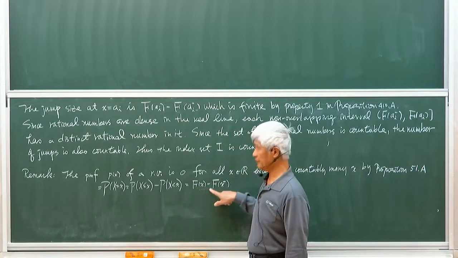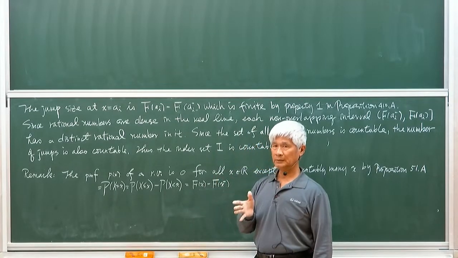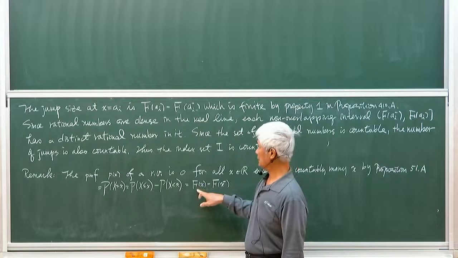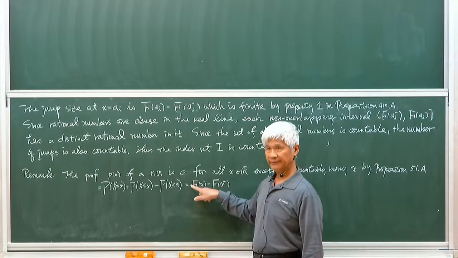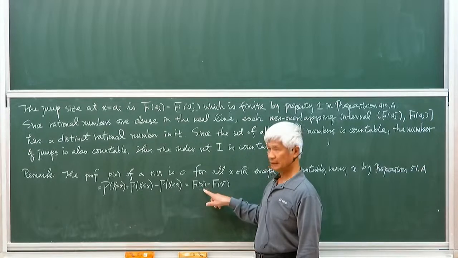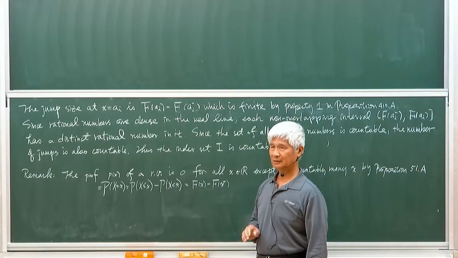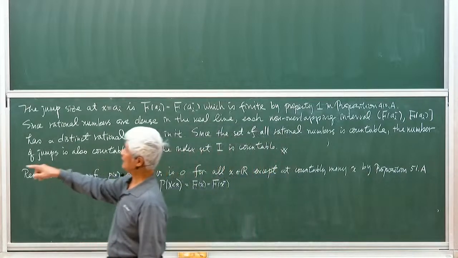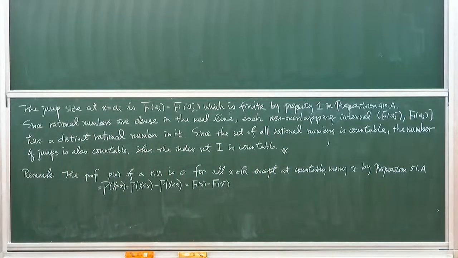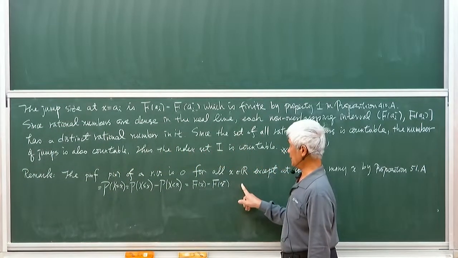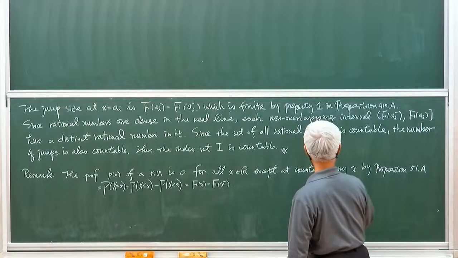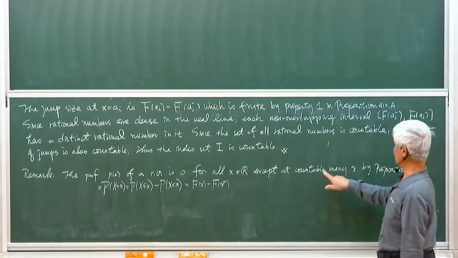If this difference is positive, it means that the CDF F has a discontinuity at x. But we know there are only countably many points of discontinuity, so this is positive only for countably many x.